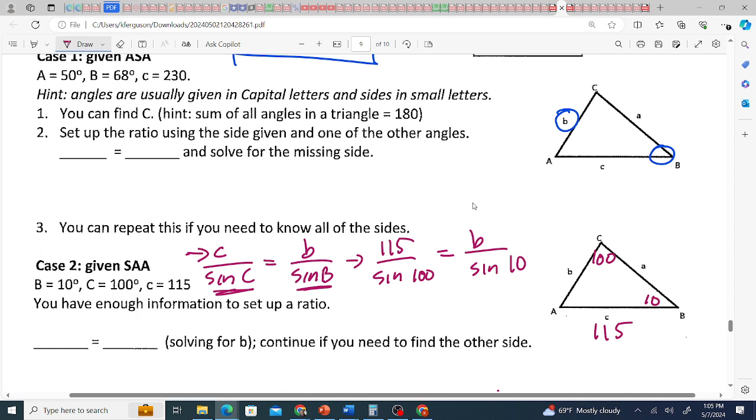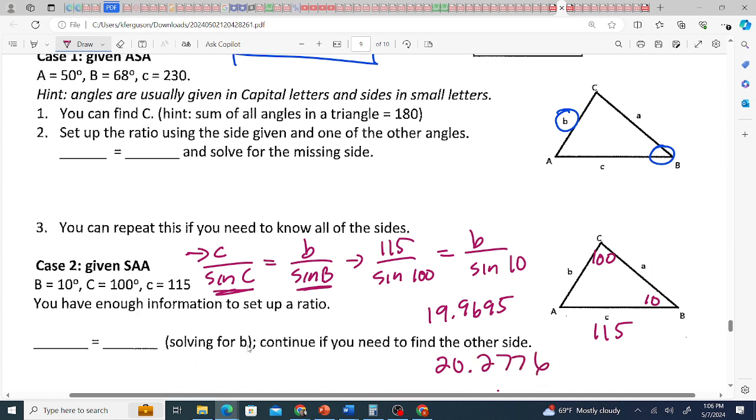Okay, so I just did it on the calculator: 115 times the sine of 10, I got 19.9695, and then I need to divide that by sine of 100, and I get 20.2776.